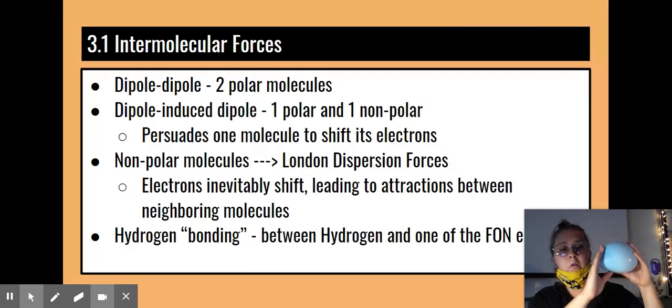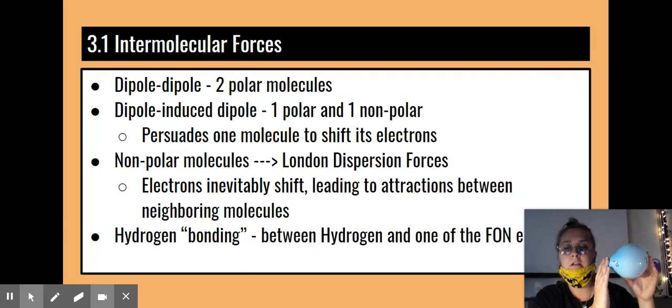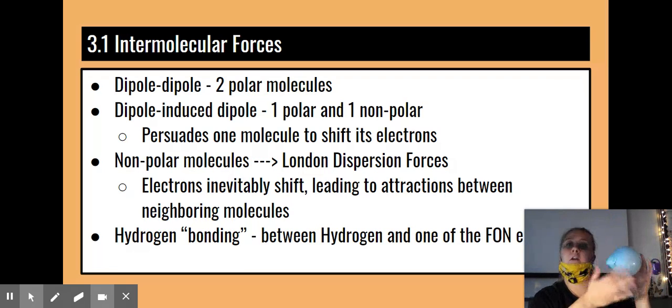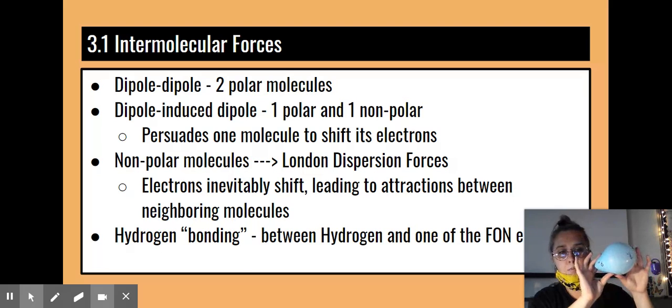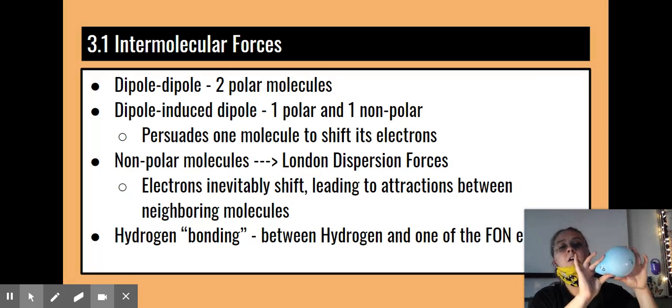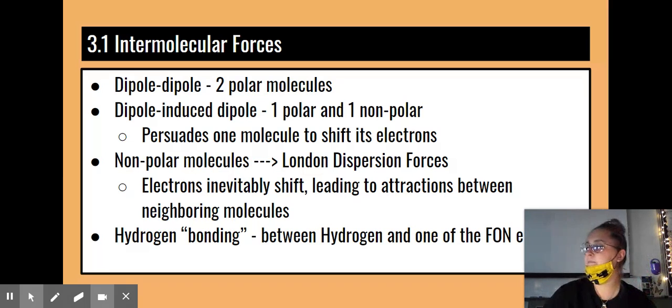So that polar molecule can actually cause the electrons to shift a little bit, so they can turn into a temporary polar molecule. The dipole-dipole is a situation where the electrons are permanently fixed in a polar situation, but with an induced dipole, they are temporarily shifted. We'll explore more on that in a minute.